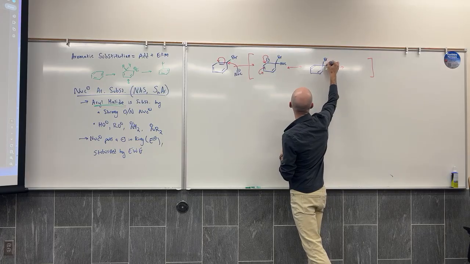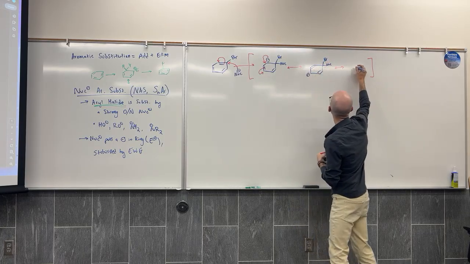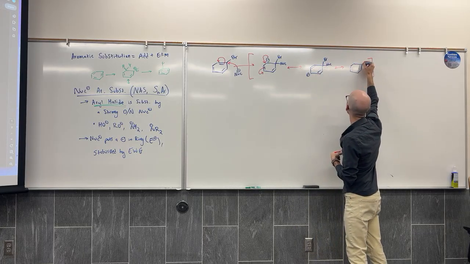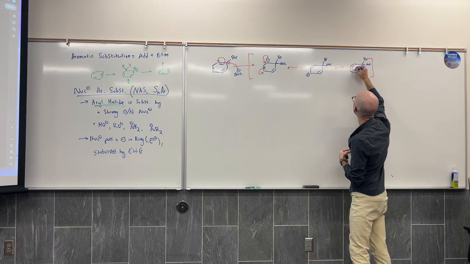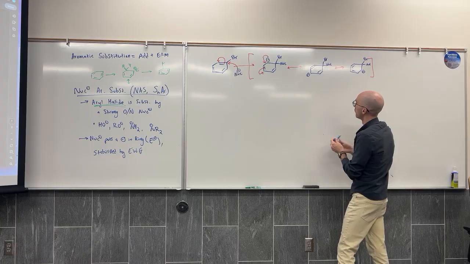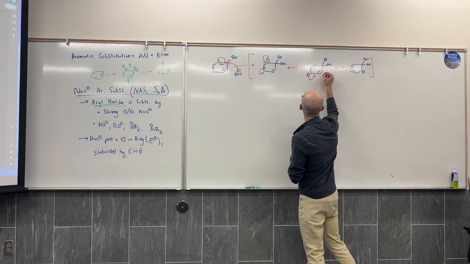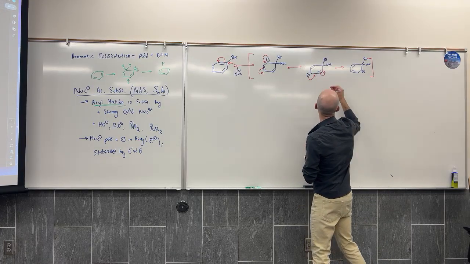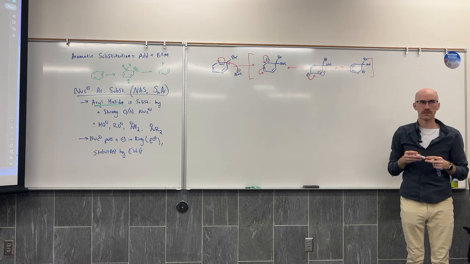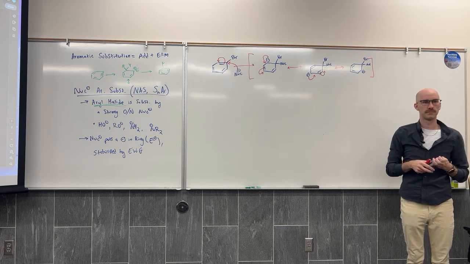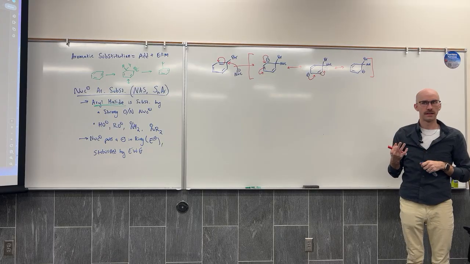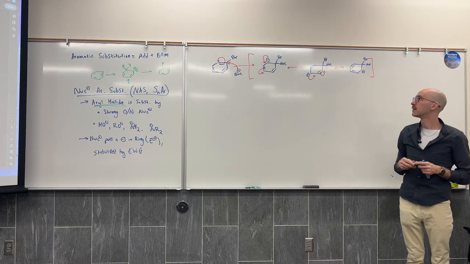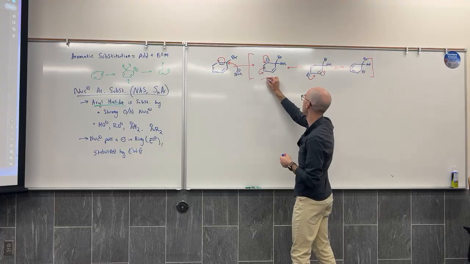How many resonance forms do you see? Three. That's the minimum. This is what we call the sigma complex.